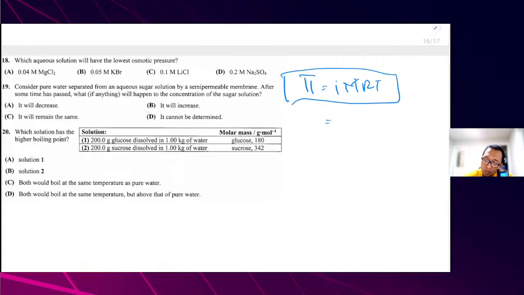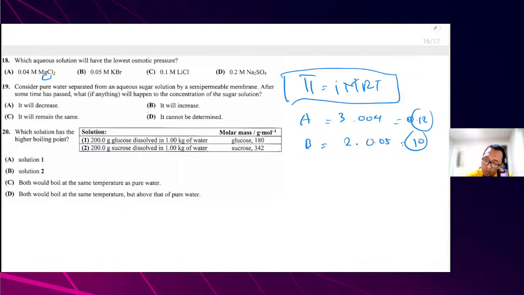This one is 3 times 0.04 for option A. For option B it is 2 times 0.05. This one is 12, this one is 10.